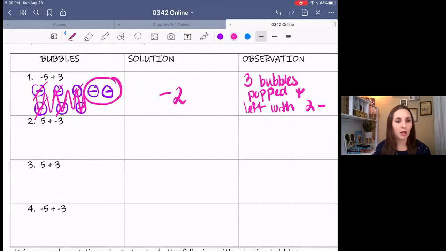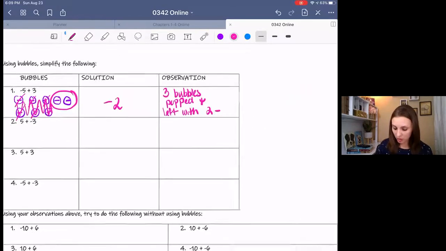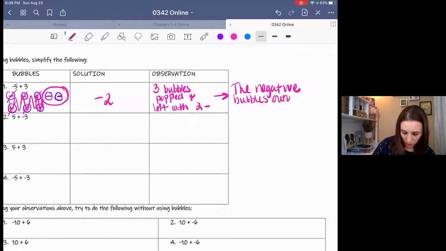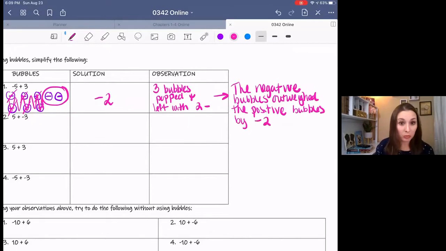You could say the negative bubbles outweighed the positive bubbles by -2. That would be a really good way to say it. I think I like that second way better, but both are correct.